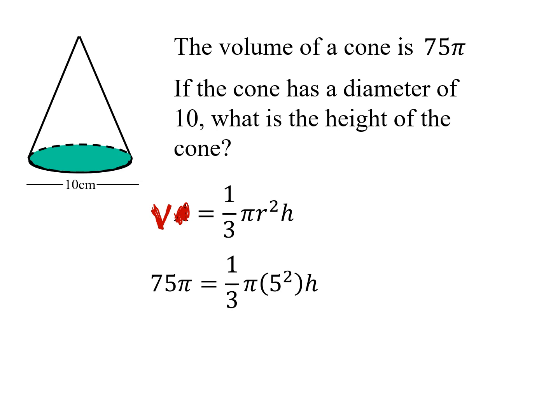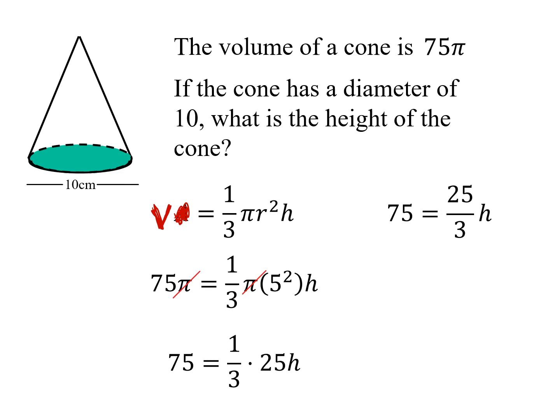So first thing I'm going to do is take these pi's that are on both sides and get rid of them. If there's one on each side, they cancel each other out. 5 squared is 25. So I have 75 is equal to 1/3 times 25h. Now let's just multiply. So 75 equals 25 over 3h, because 1/3 times 25 is 25 over 3.